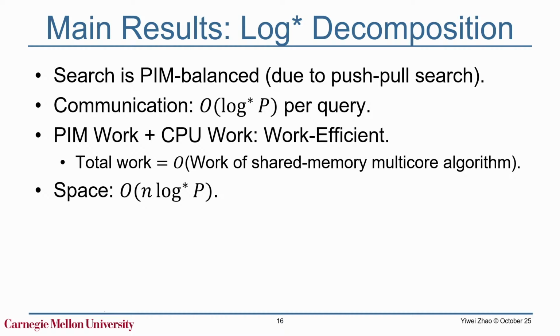And it is also work efficient, which means that the total work of the PIM side and the CPU side is of the same order of magnitude as the work of the state-of-the-art shared memory multi-core algorithm. The space overhead, although we need to multiply by a log star P factor, is acceptable in practice because in practice this log star P is nearly constant.